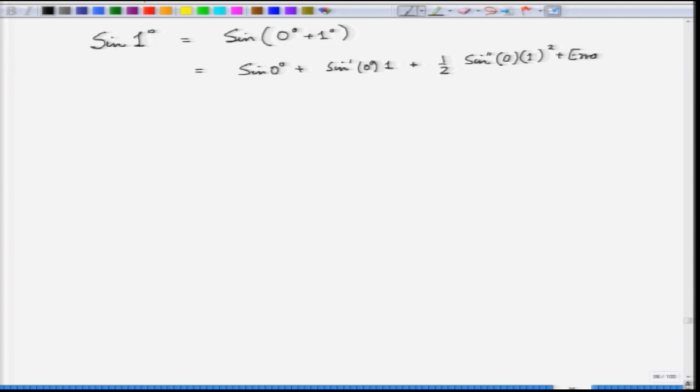Now, let us see. I am not bothered about error at this moment. As you keep on increasing more and more terms in Taylor's theorem, the error becomes smaller and smaller, that is the key idea. So, I am making better and better approximations.